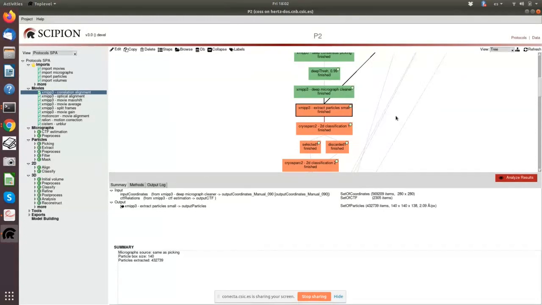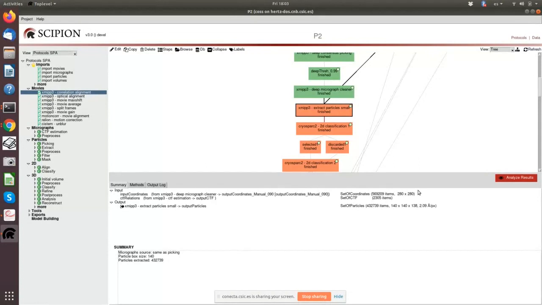So you see that 280 was the tight box size that we chose when picking the particles, and then I did a downsampling by a factor of 2, and the reason is that for doing the 2D cleaning, you don't need to be really precise in going to very high resolution.